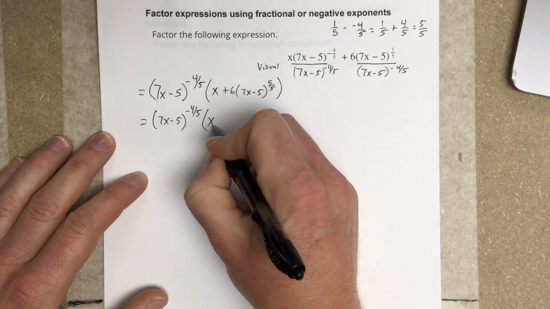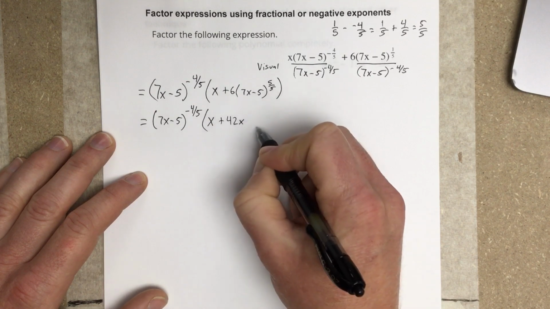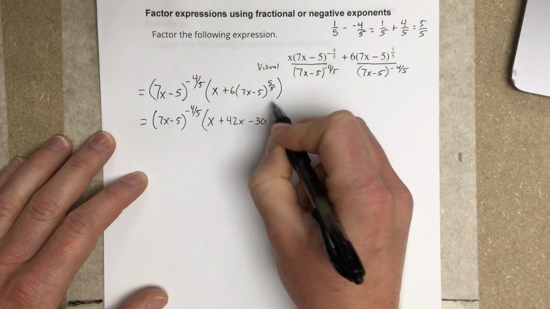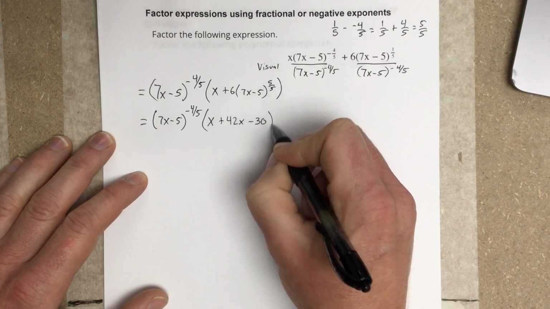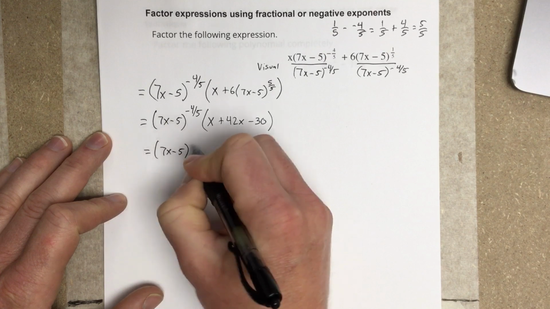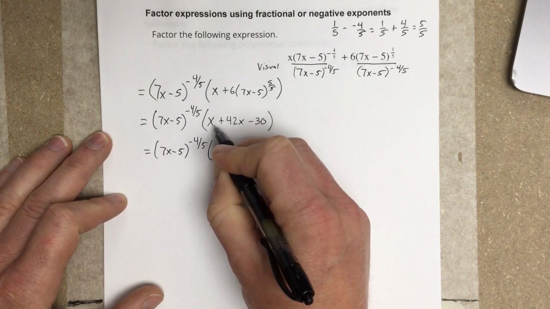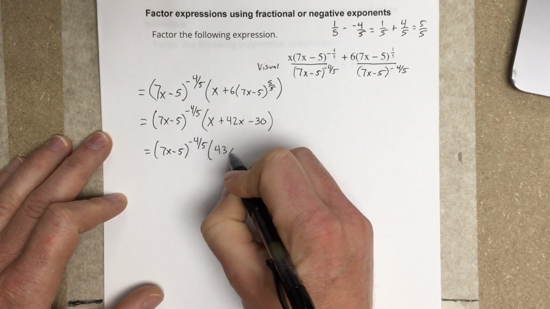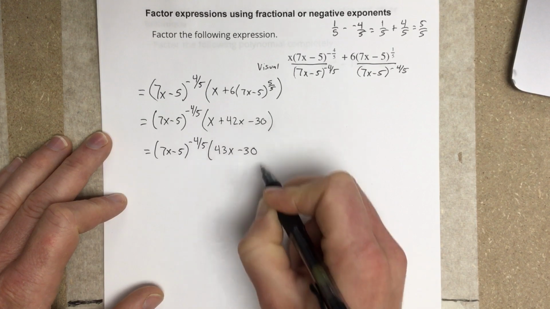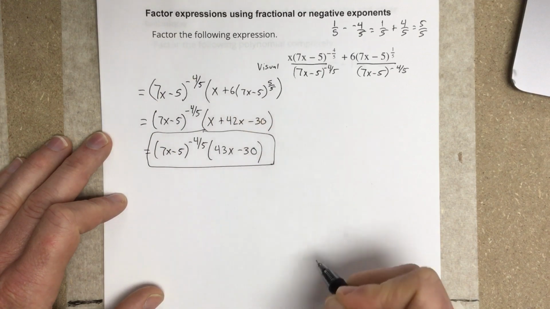And then this will be x, distribute the 6, I get plus 42x minus 30, because the 5/5 is just 1. So I get 7x minus 5 to the negative 4/5, and this will be 43x minus 30. And that's how you factor out a negative exponent.